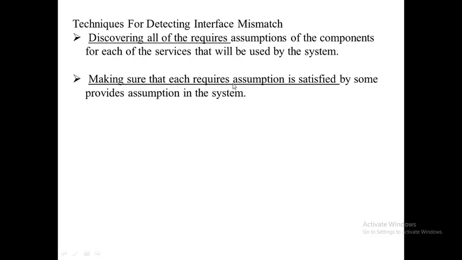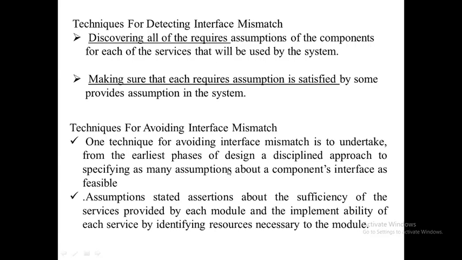Next one is techniques for detecting interface mismatch. Discovering all of the requires assumptions of components for each of the services that will be used by the system. Making sure that each requires assumption is satisfied by some provides assumption in the system. Techniques for avoiding interface mismatch.